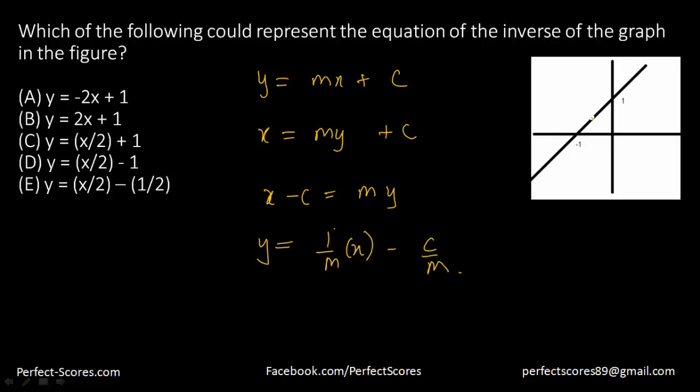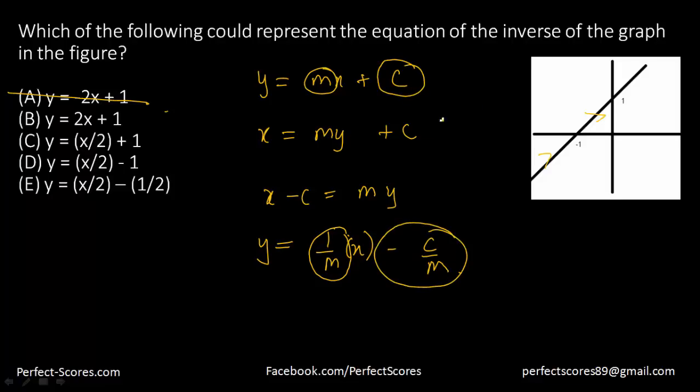Now as you can clearly see, if the slope of this line is positive, the slope of the inverse is also going to be positive, right? This line has a positive slope, so I can eliminate answer option 1. And if the intercept of this is positive, the intercept of the inverse is going to be negative.